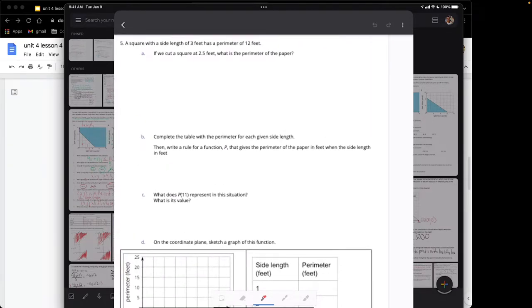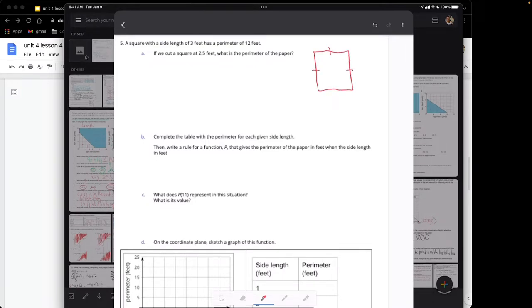Okay, a square with a side length of 3 feet has a perimeter of 12 feet. Okay, if we cut a square at 2.5 feet, what is the perimeter of the paper? So again, with a square, we know that all the sides are congruent.